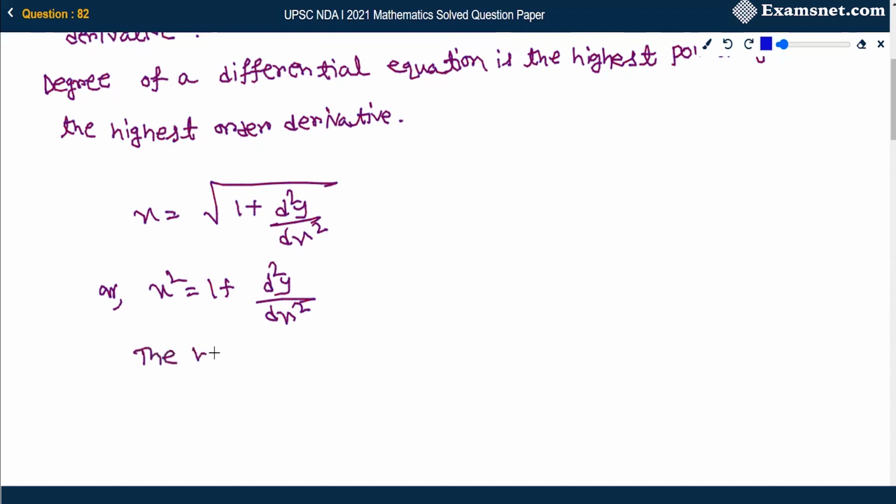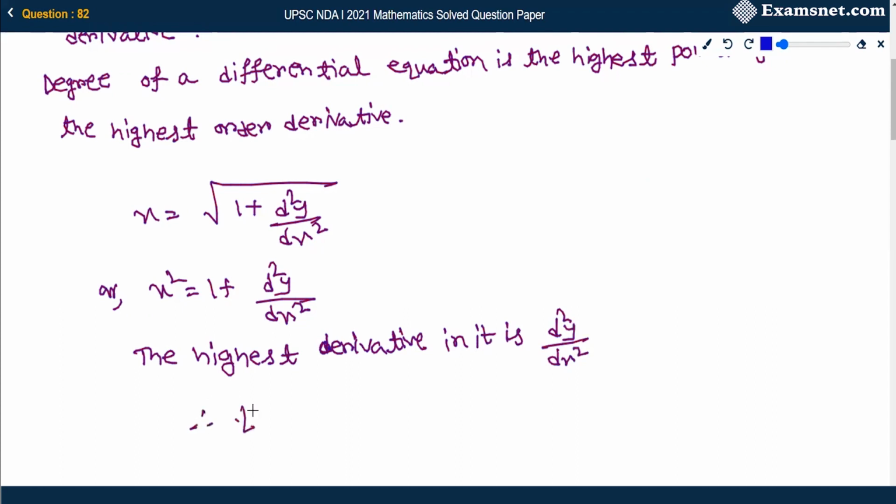The highest derivative in it is d2y dx2. So therefore, the order is 2.